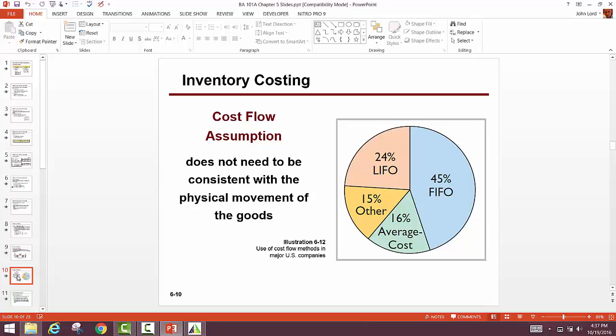We talked about weighted average being used, even though they're calling it average cost here. We're going to describe it as weighted average, which is more accurate. I think they just call it average cost because it couldn't fit the word weighted on this pie chart. And then there are some other methods. We won't talk too much about those in this class. Those are sort of nerdy accountant's methods for keeping track of the inventory.